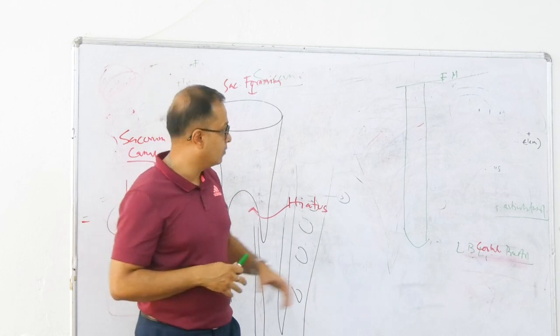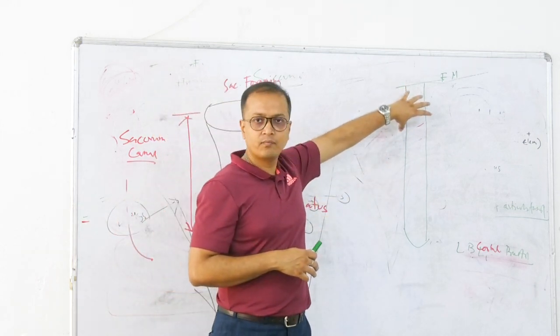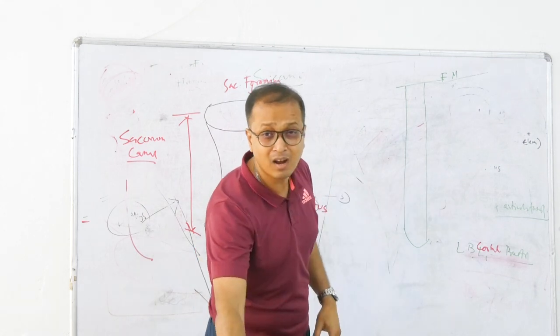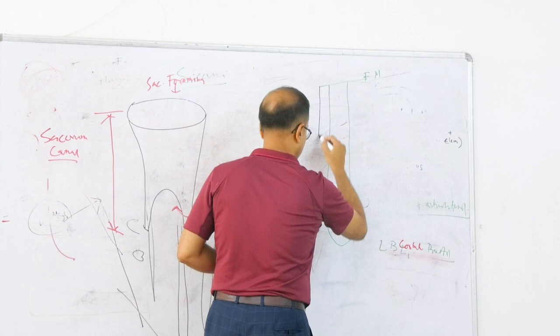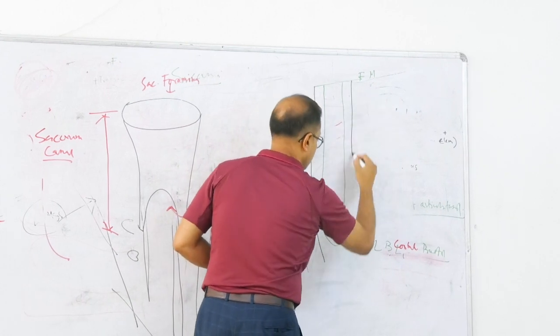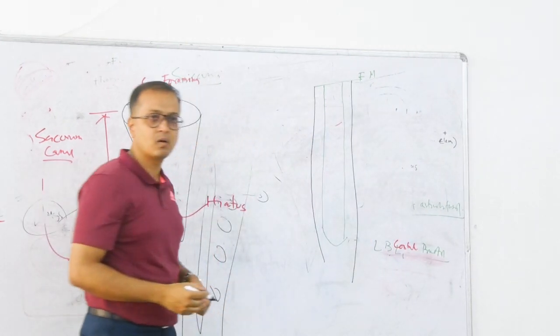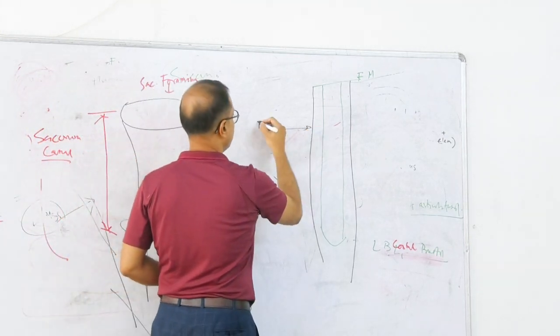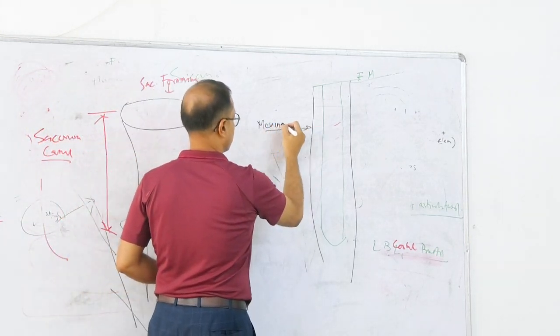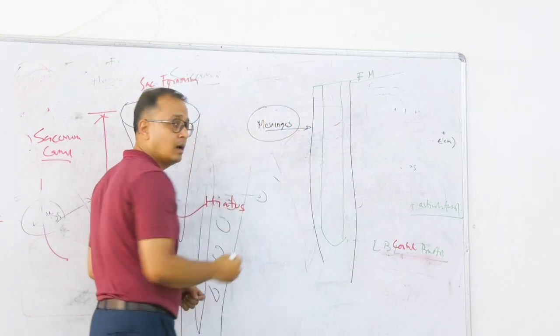Right? Now, following this particular spinal cord, we have a covering. What is that covering? Meninges. So this particular covering of the spinal cord hangs down. The black one is the meninges. Clear?